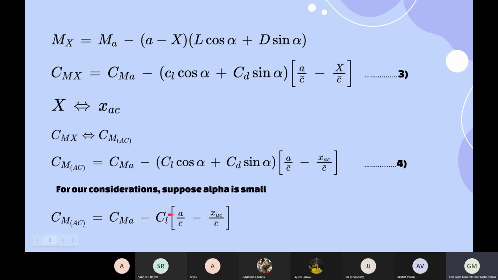CL is the lift coefficient, A is a random point, and C bar is the mean aerodynamic chord.